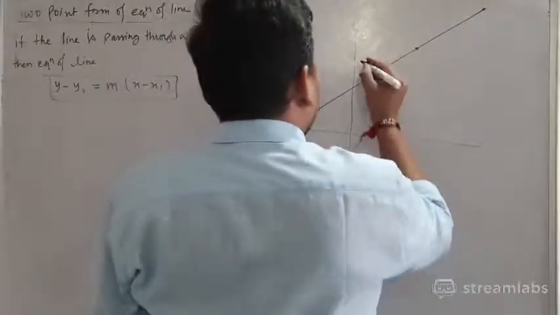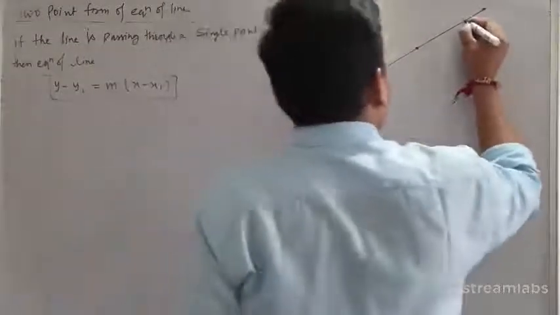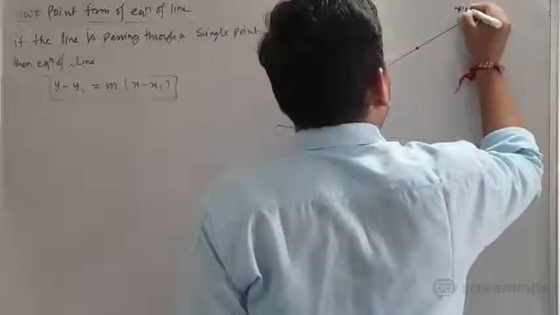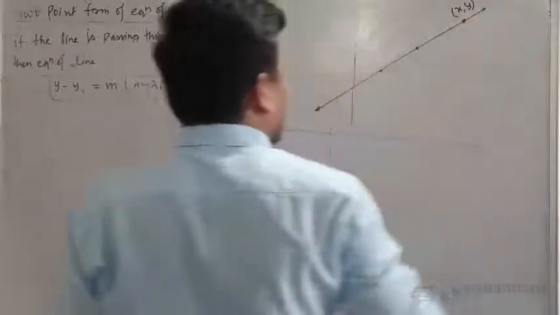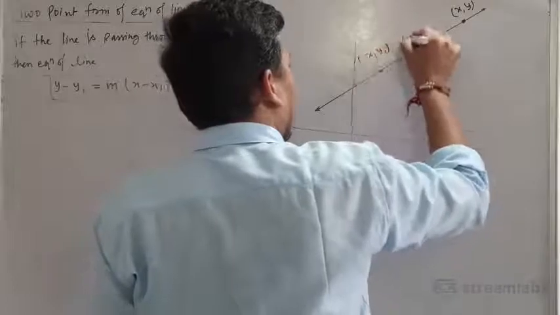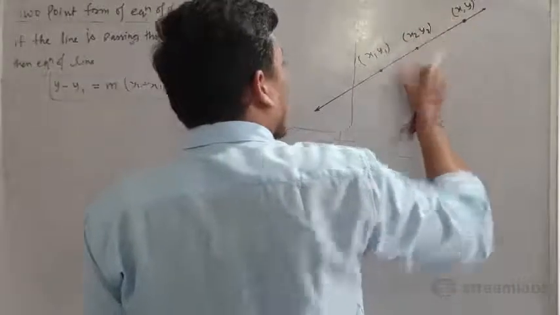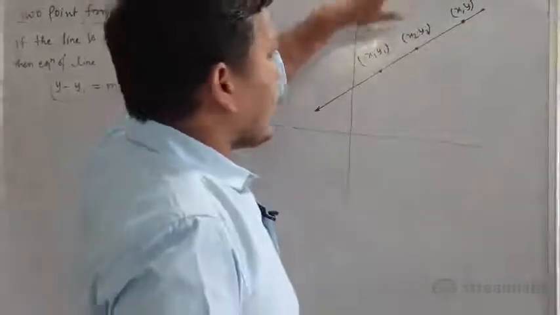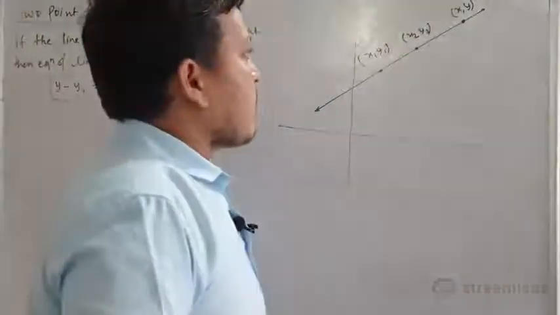So these are the two extra points given for the equation of the line.